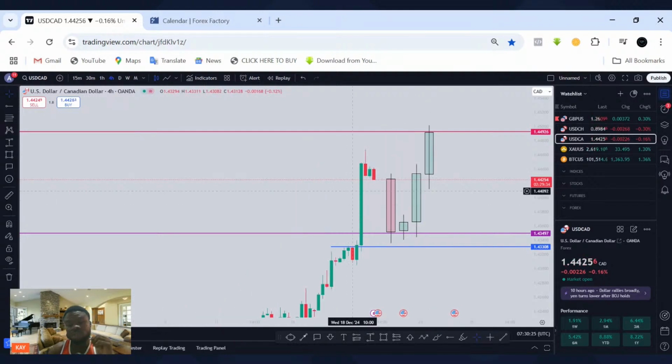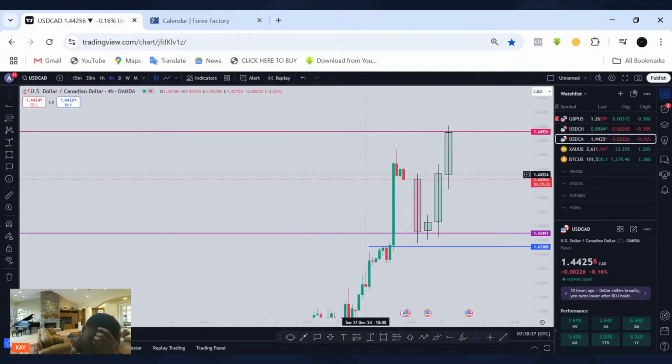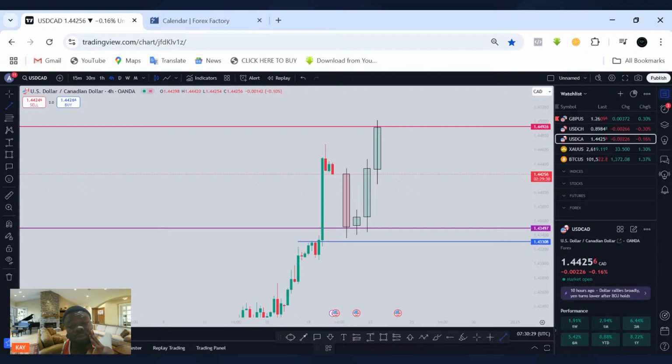So this is exactly what I'm expecting to happen on gold. If it breaks this one, this point will be the entry level, or maybe the moment it starts flipping. So the entry level is going to be two ways. Either the moment the candle starts breaking the body of the previous candle, it will be your first entry.